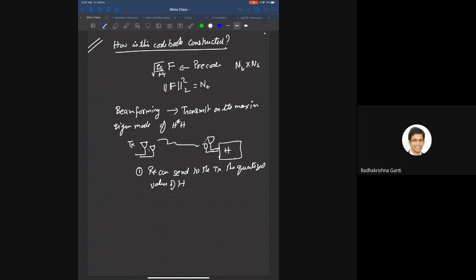Suppose Rx does this. How much data should be transmitted? I'll put it in terms of real numbers. Each real number can be 16-bit or however many bits you want. It has to transmit 2 times Nr times Nt. Agree?